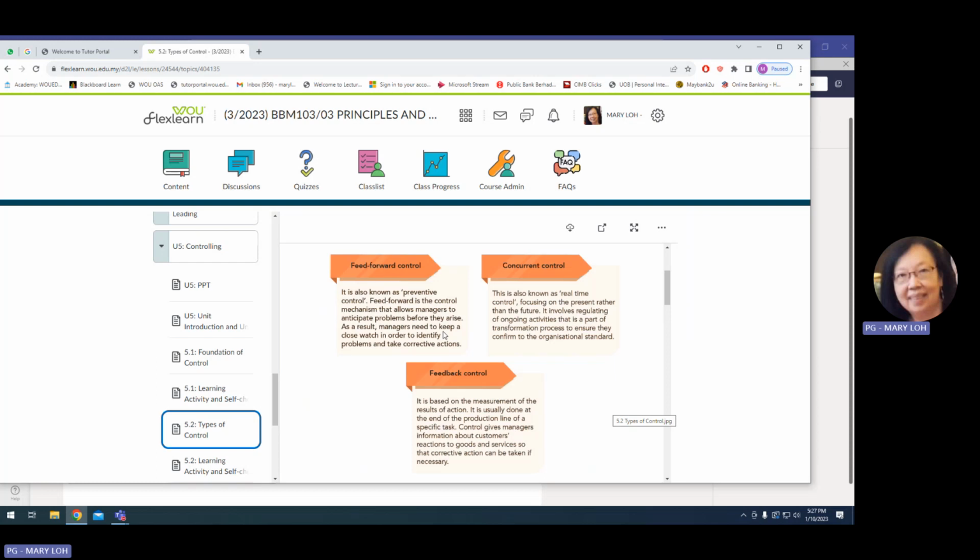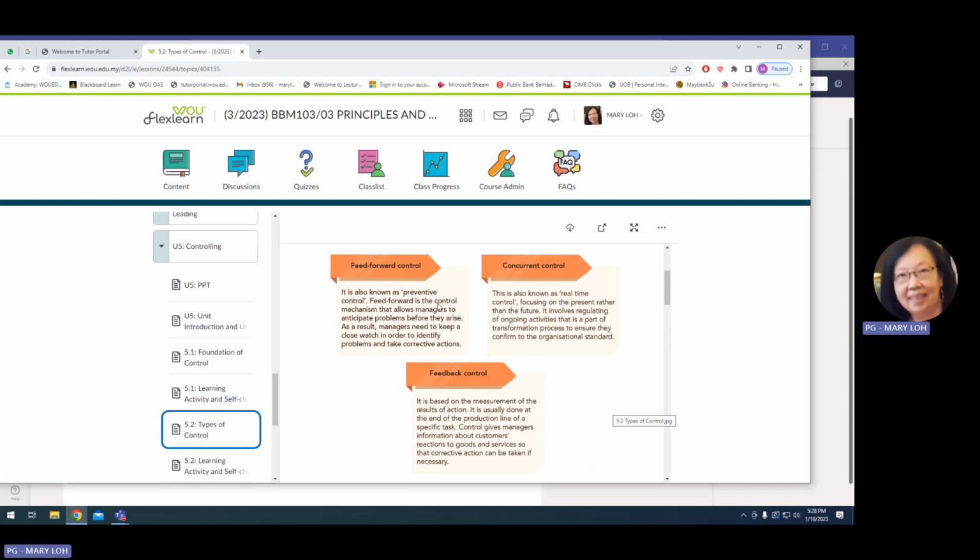Why? Because you want to stay healthy so that you don't fall sick. So this type of control is feed-forward control or preventive control. That means you do something to avoid a future problem. Understand? So it is preventive control.